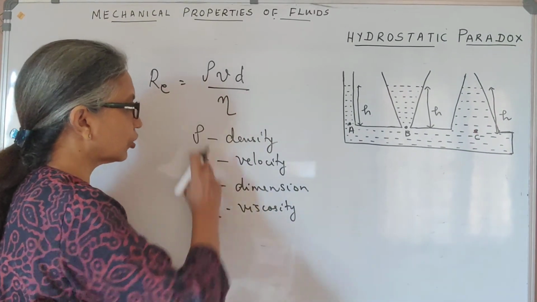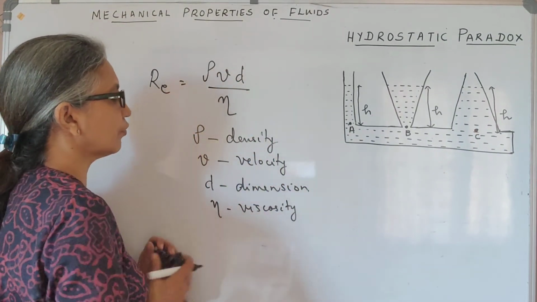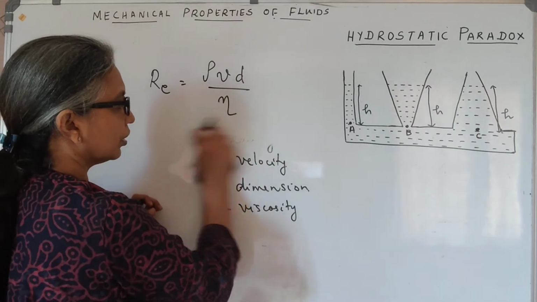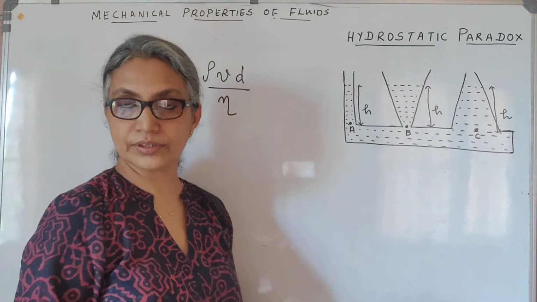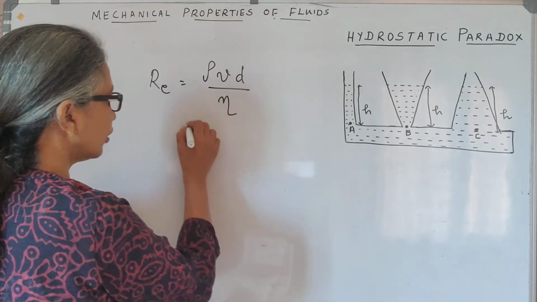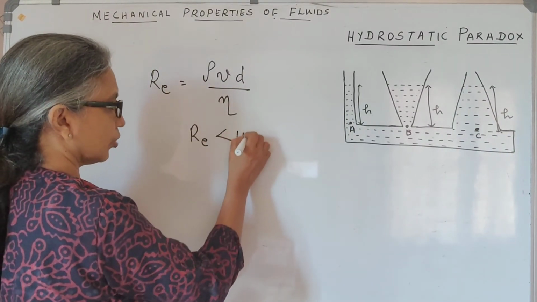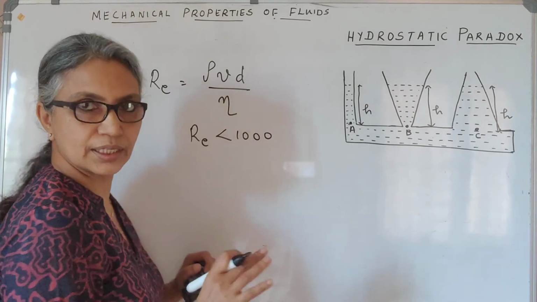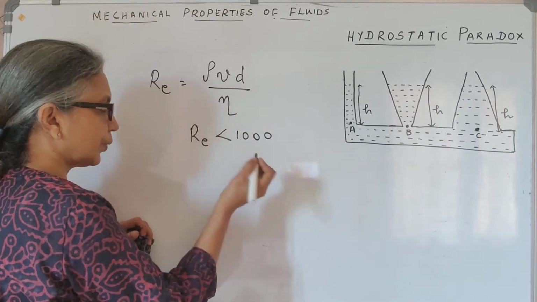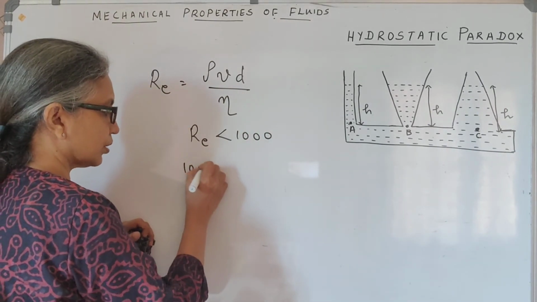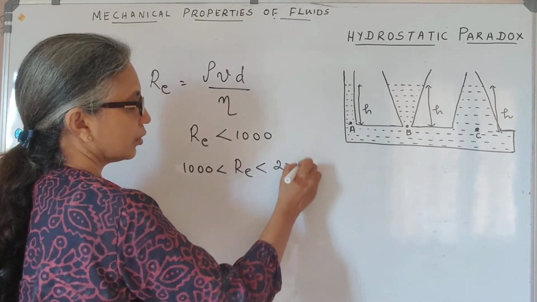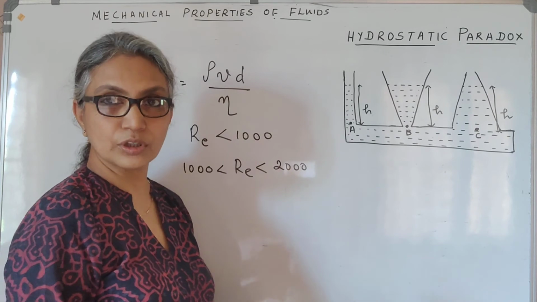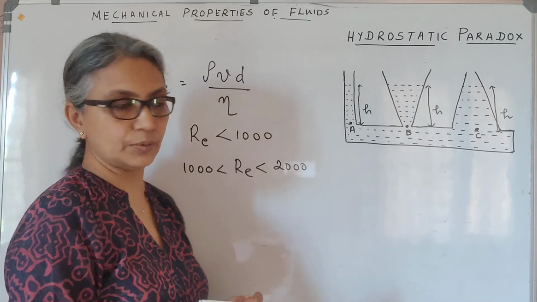So depending on all these factors, he gave a number called the Reynolds number, which will give us an idea about whether this flow is steady or turbulent. If this Reynolds number is less than 1000, then the fluid flow is steady. If it is between 1000 and 2000, that is, 1000 less than this number, less than 2000, then the fluid flow is unsteady, could become steady or could become turbulent.